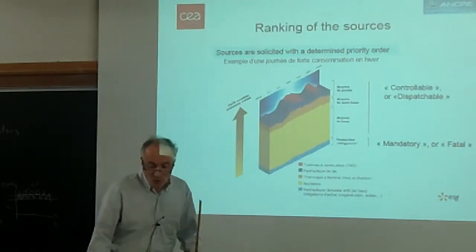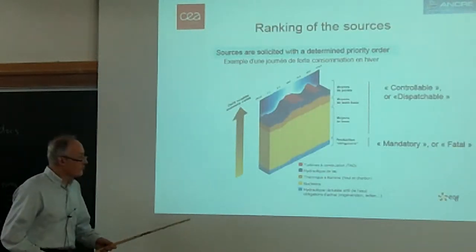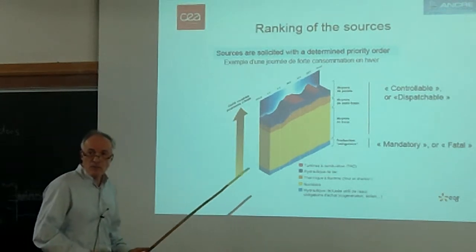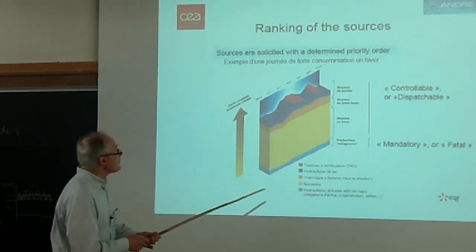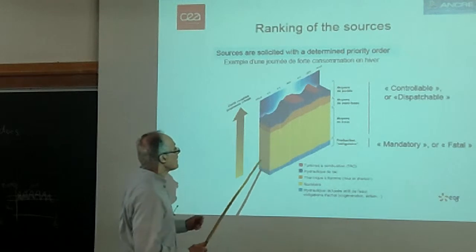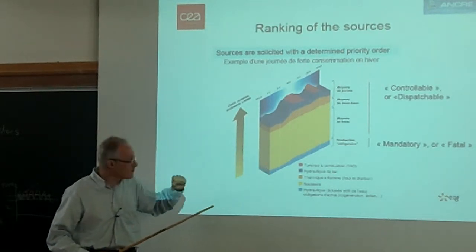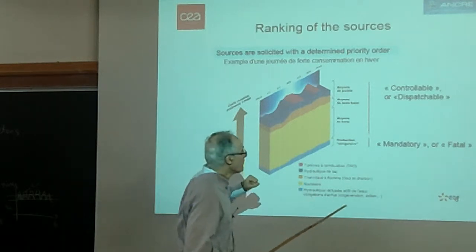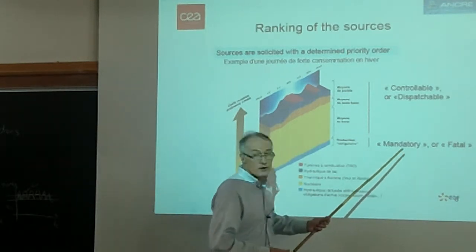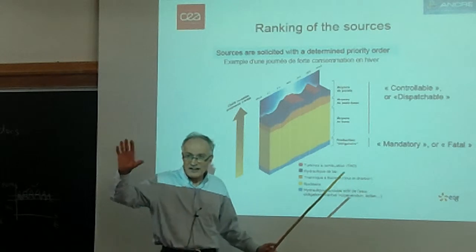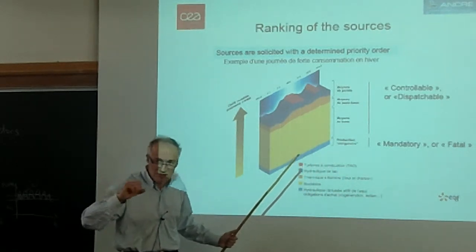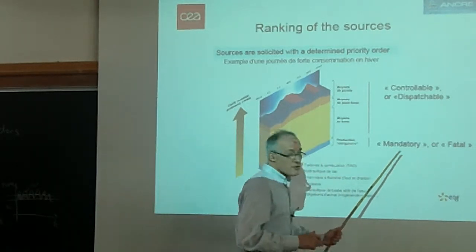Okay, so we have a specific ranking of the sources to solicit. The sources that are mobilized first are solar and wind power, and they are called mandatory, or in French fatal. I didn't say that they are fatal for the health of the mix, but they are called fatal.